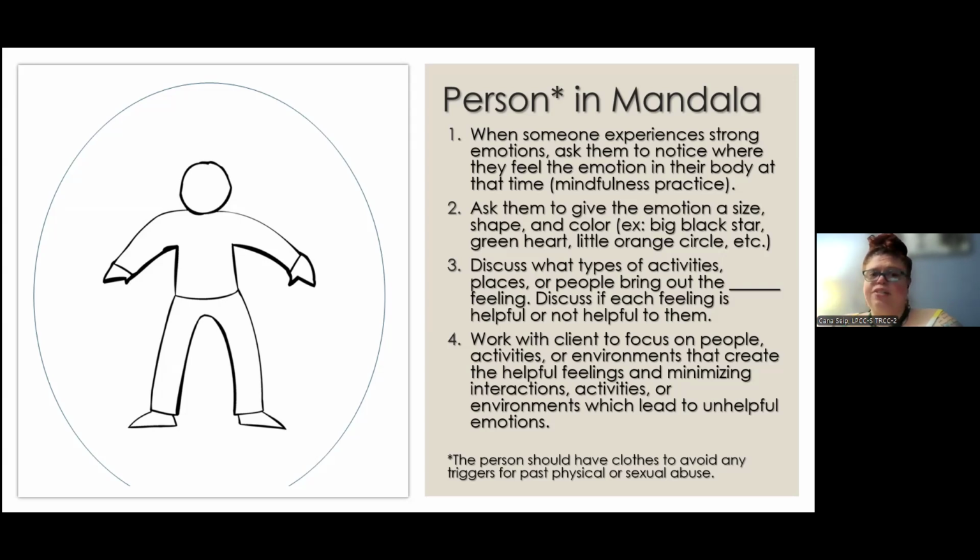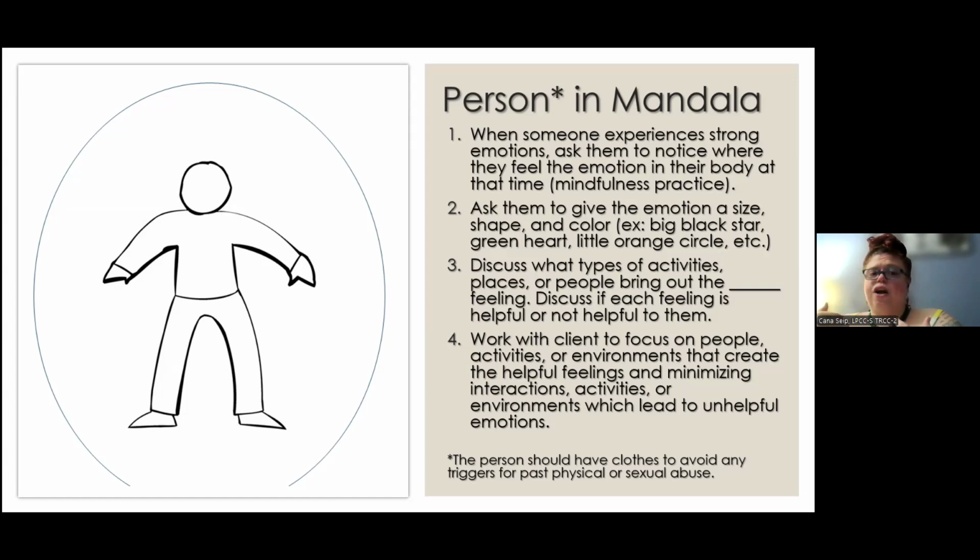Whichever emotion it is, we want to ask them to give it a size, a shape, and a color. And then that's what that feeling is referred to: the big black star feeling, the green heart feeling, the little orange circle feeling. And you discuss what types of activities, places, or people trigger that particular feeling with that size, shape, and color.